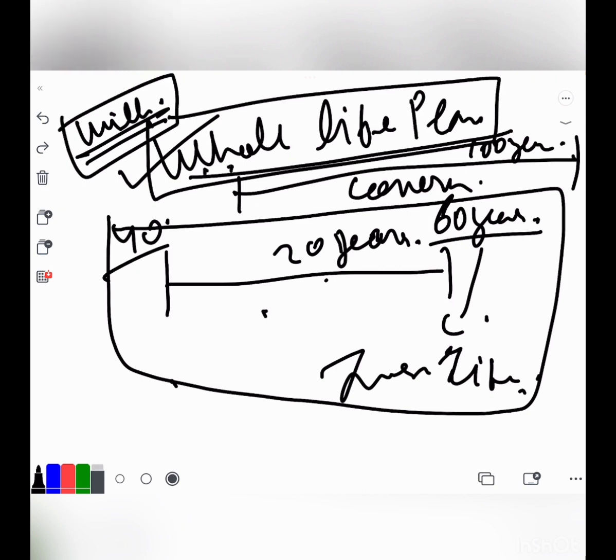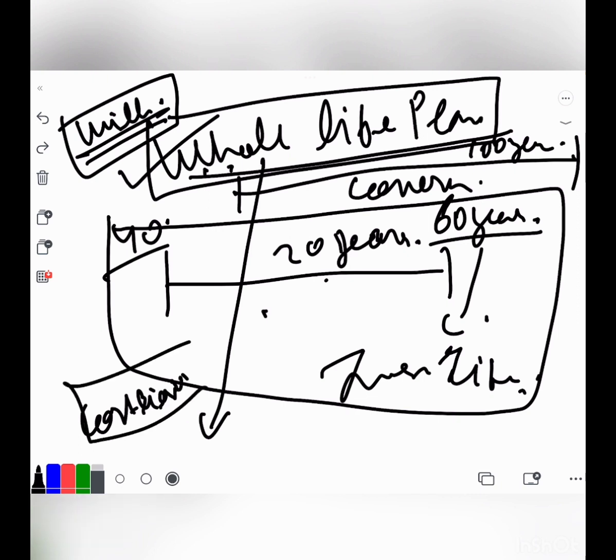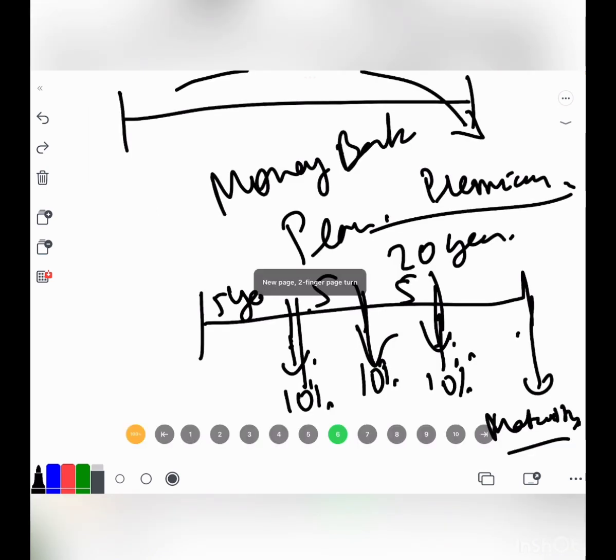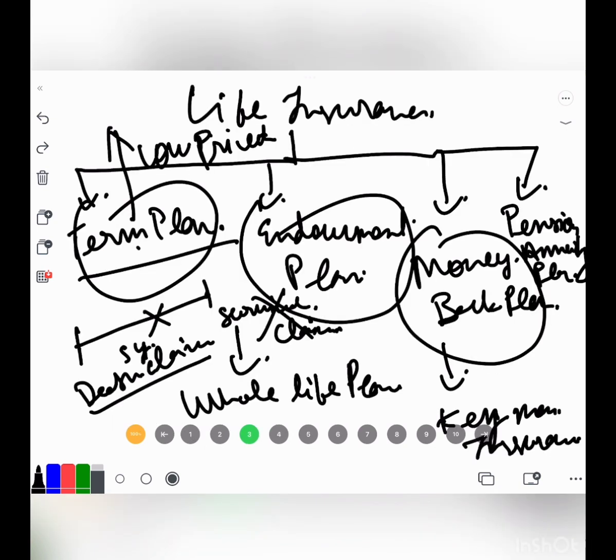It's a sure claim. And what do you think? The whole life plan is the costliest plan amongst all till now. Costliest, because the claim is 100% to be given to the beneficiaries. So this is the idea about the whole life plan. Now let us see the other ones.